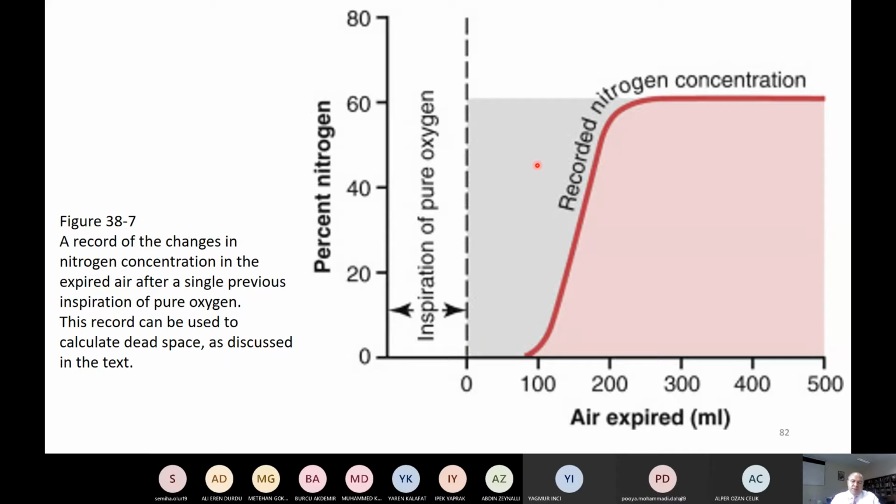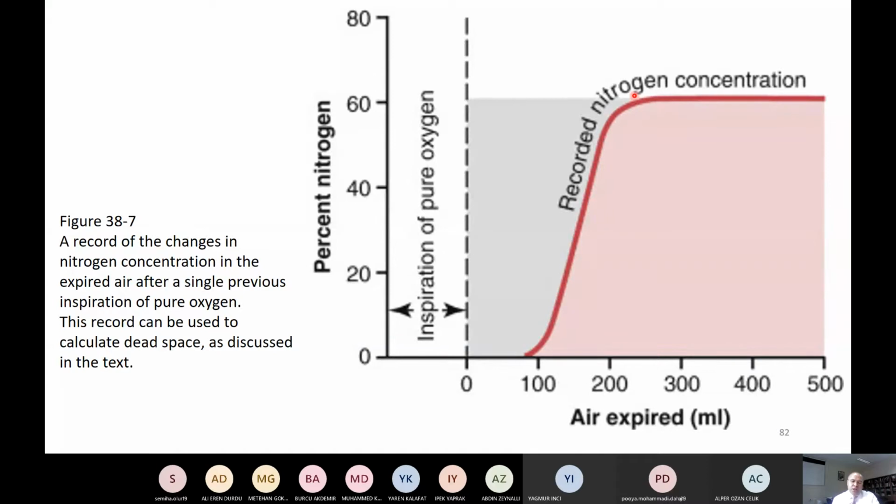It was already there. When the patient expires, it expires this pure oxygen containing air out. So there is no nitrogen in this section, and then with time the nitrogen concentration in the expired air will start to increase because it is mixed in the alveoli.